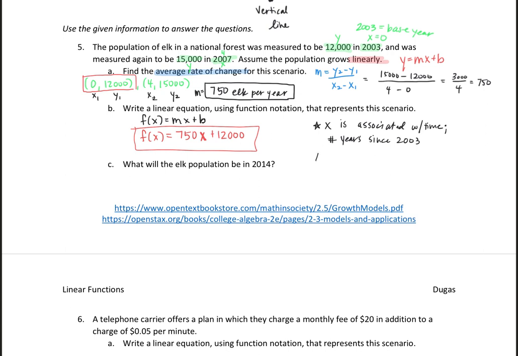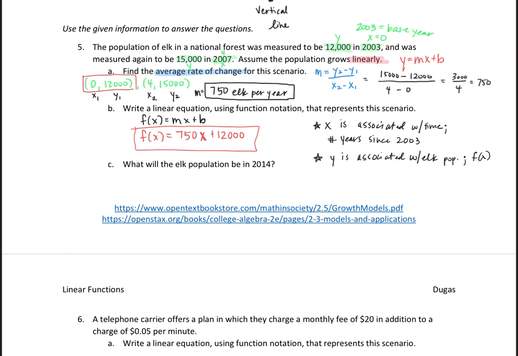Okay. Y is associated with population. So Y is associated with the elk population. And remember that Y is the same as f of x. So if it's telling us to find the population, it's wanting us to find Y in 2014.